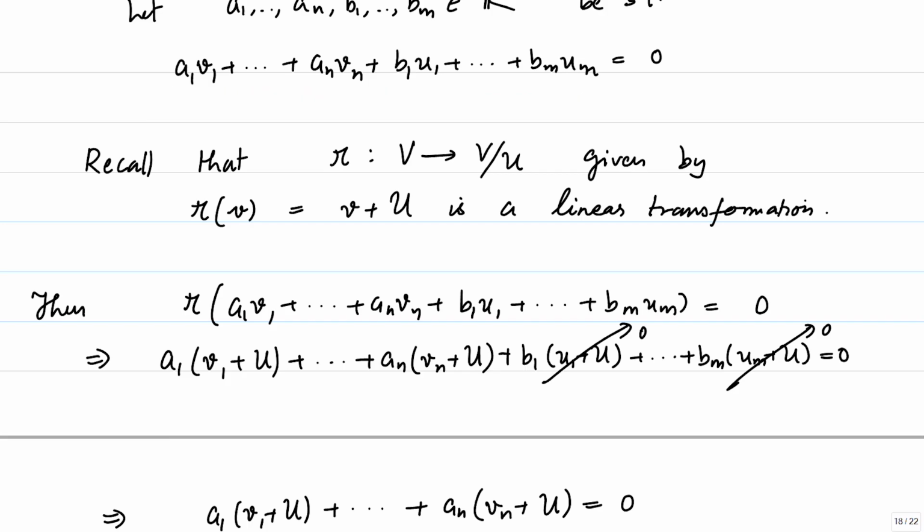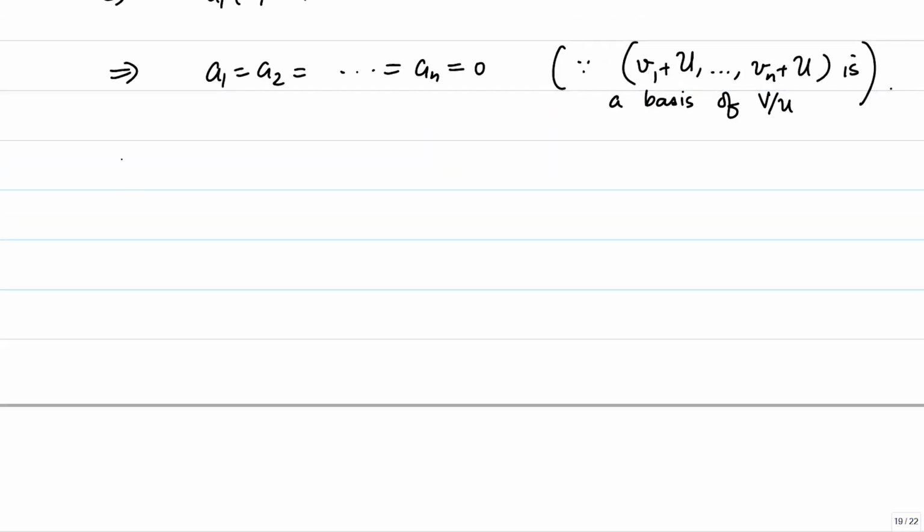If you put A1, A2 up to An equal to 0, this implies B1 U1 plus up to Bm Um is equal to 0. But U1, U2 up to Um is in particular a basis of capital U. They are linearly independent, which implies B1 is equal to B2 up to Bm is also equal to 0.